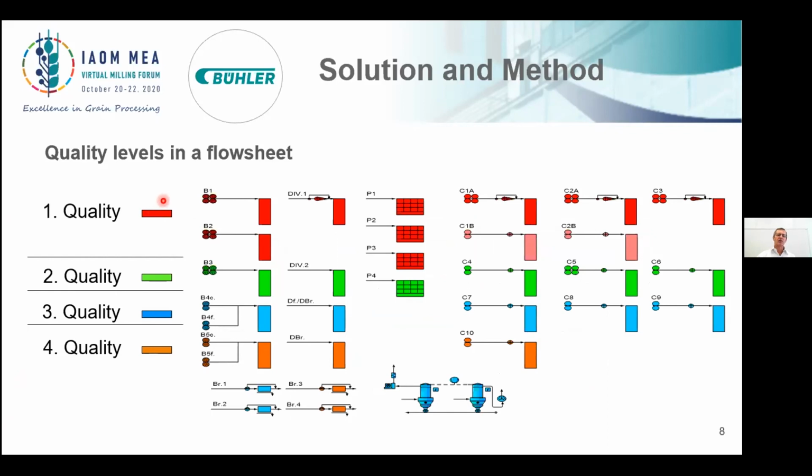So that is called first quality. It comes off first break, second break. Second quality from third break is higher in ash. Third quality is even higher, and the fourth quality is usually the bran pollard going to a brown flour, going to high ash end products.